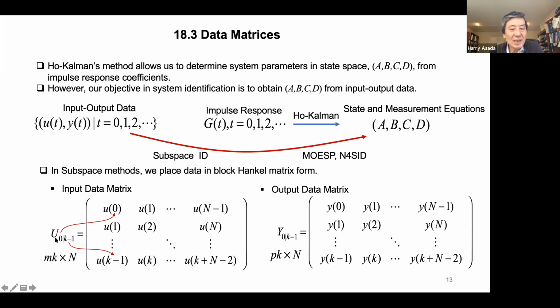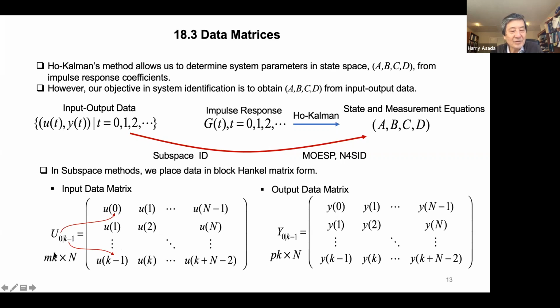So capital U_{0|k-1} spans u_0 to u_{k-1}, and then we cycle through it N times. Likewise, in the output data matrix, we place the output observations y_0, y_1, to y_{k-1}, and then cycle through it.